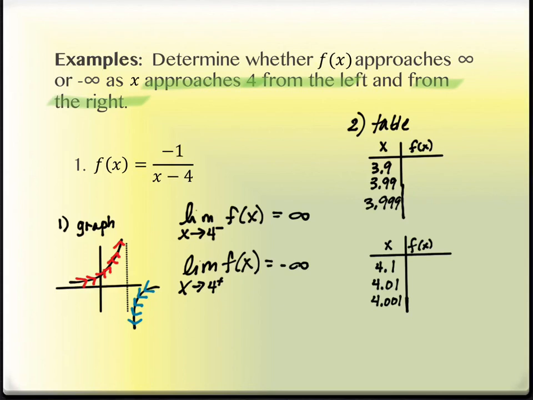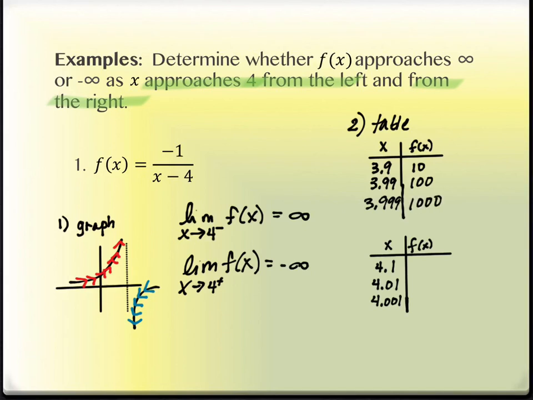So negative 1 over x minus 4. And I'm getting lots of powers of 10. That doesn't always happen, but that's okay. So this is 10, 100, 1,000.